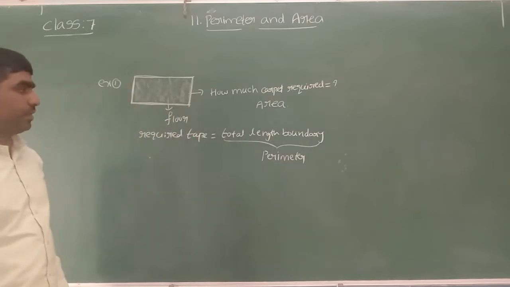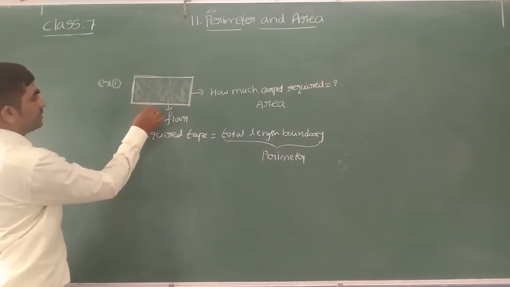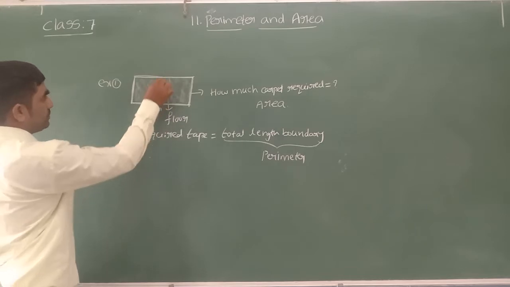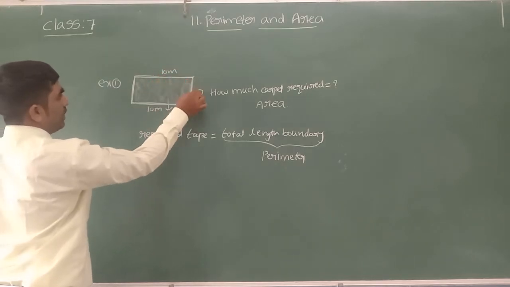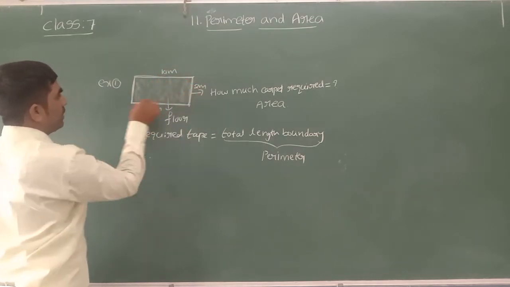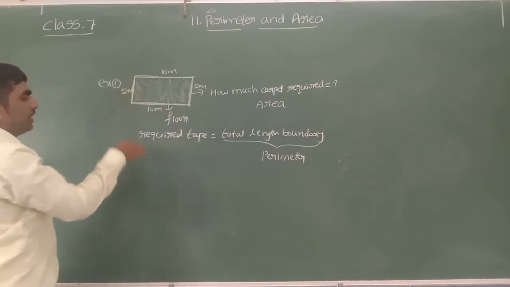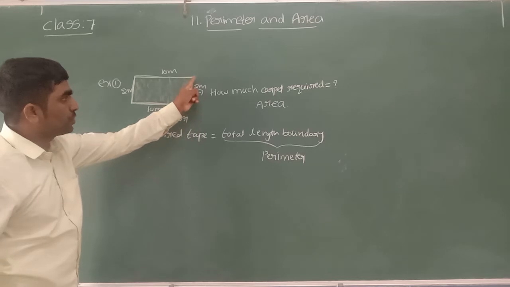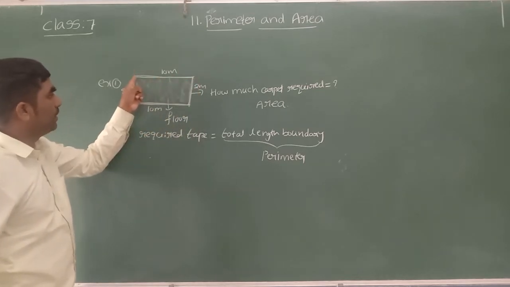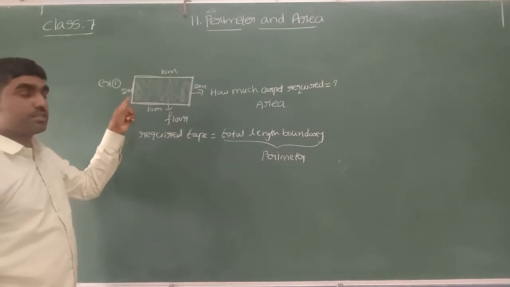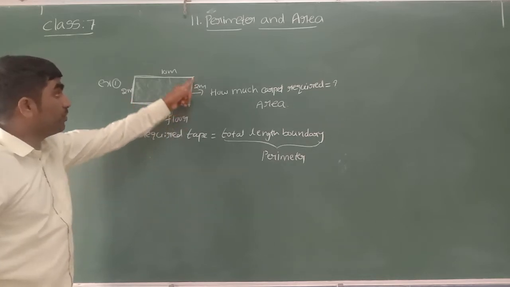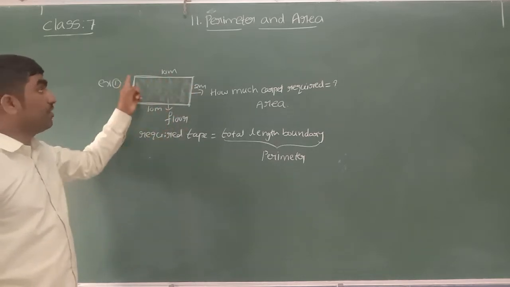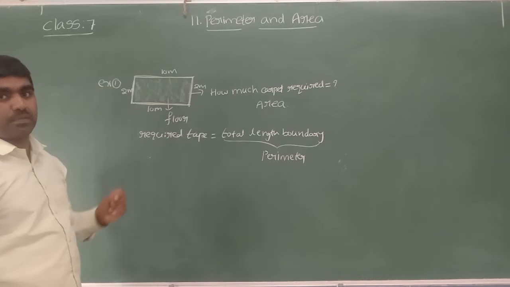Suppose the length is 10 meters and the breadth is 2 meters. Now tell me how much tape we need to purchase? 10 plus 2 is 12, plus 10 is 22, plus 2 is 24. We need to purchase 24 meters of tape to cover its boundary.